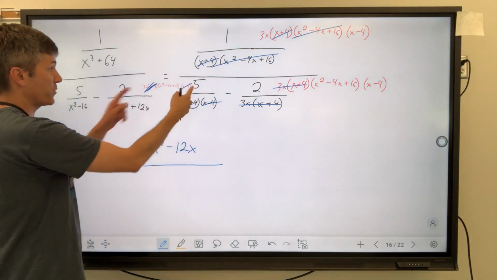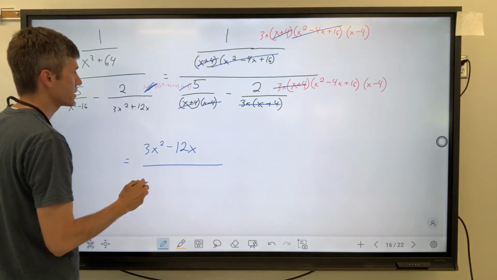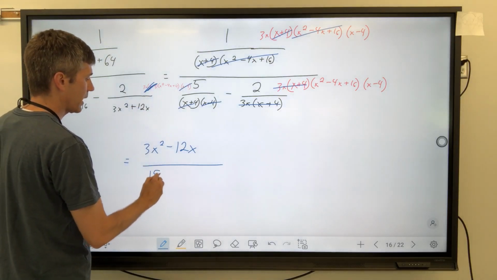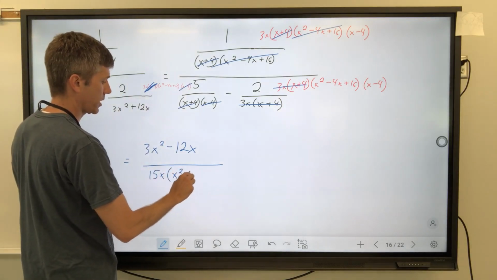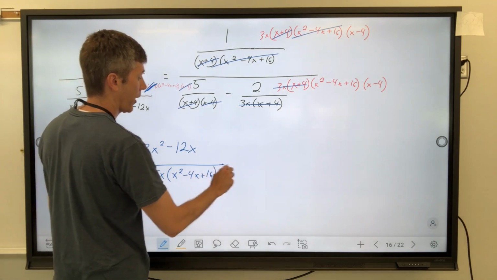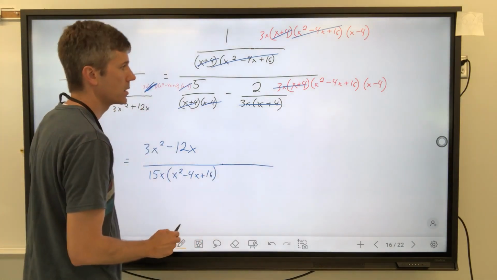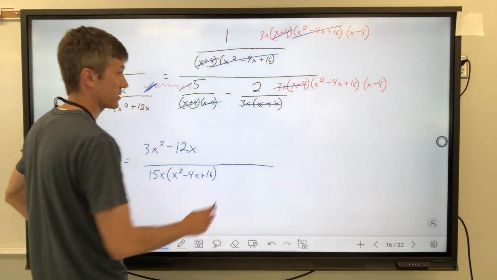So we're going to have 15x times all this stuff that you can barely see. So 15x, I'm going to stretch this out an extra step lest I do too much at one time and mess up beyond repair and then cry on camera. And then we're going to have negative 2 times all this stuff. Y'all, it's going to be a mess.